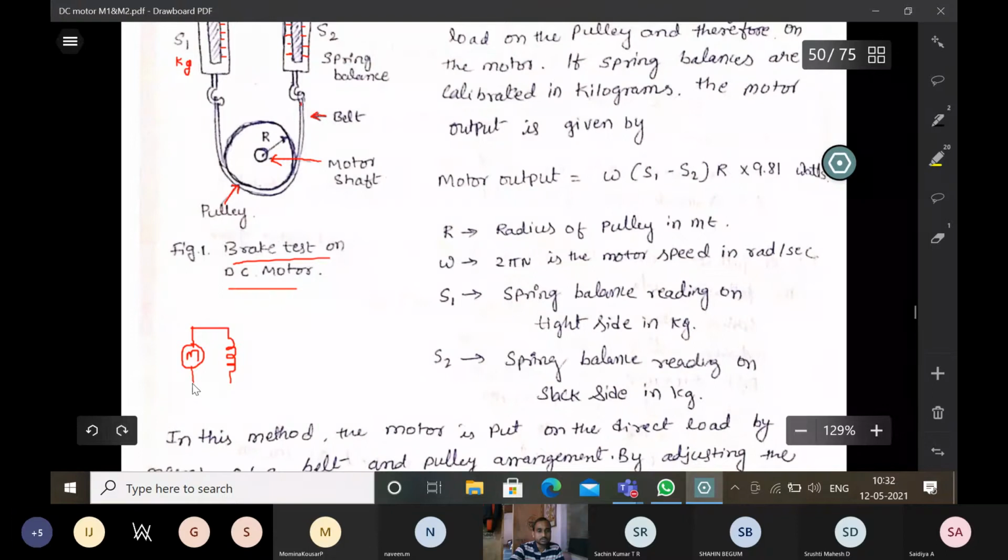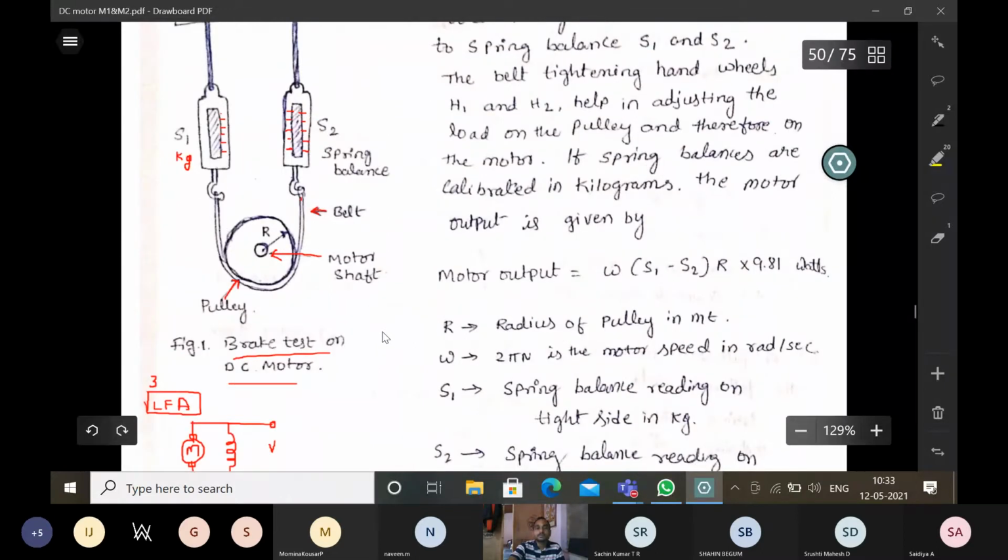The motor is not connected directly; it is connected through the 3-point starter, with terminals L, F, A. We already discussed the 3-point starter: L is connected to the mains, F is connected to the field, and A is connected to the armature. Voltage is applied here, and the shunt field is there.